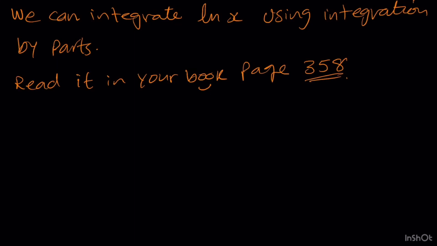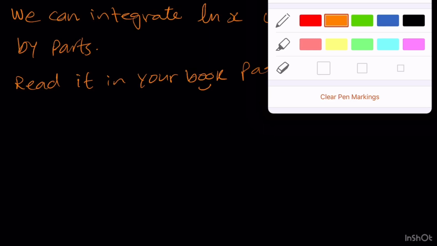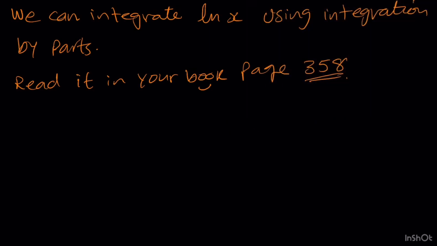To integrate the ln, there is a trick. Integrating the ln itself is a trick by itself. I'm just going to read what's in your book. Until now, you haven't been able to integrate ln x, but integration by parts gives you a way around this. The trick is to write ln x as 1 times ln x.